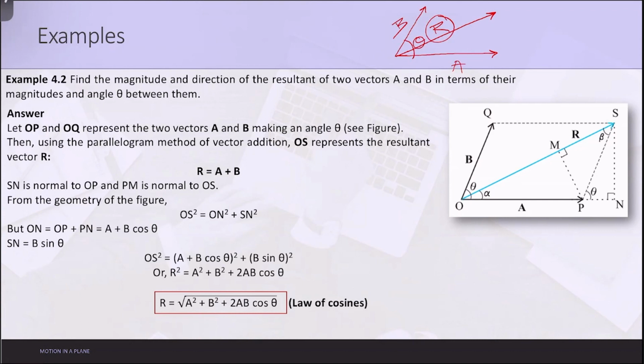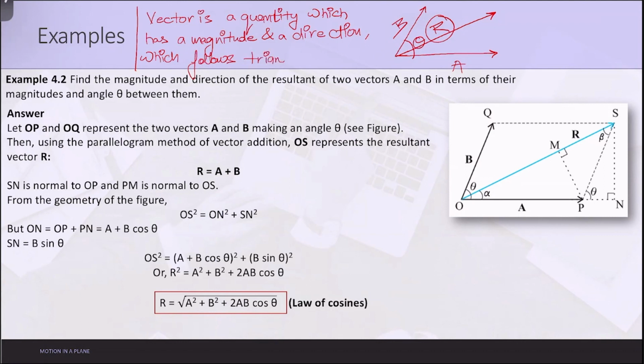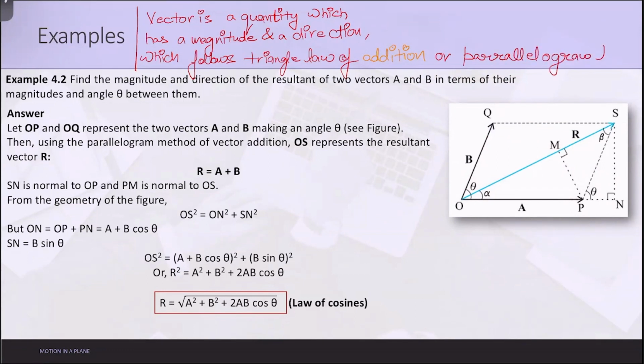We have understood the definition of a vector. A vector is a quantity which has a magnitude and a direction, and which follows the triangle law of addition, or the parallelogram law of addition.